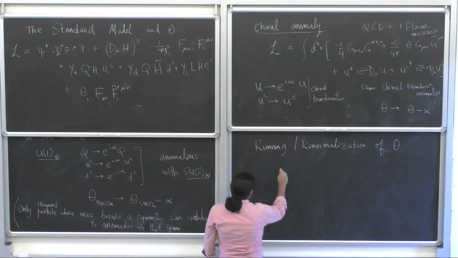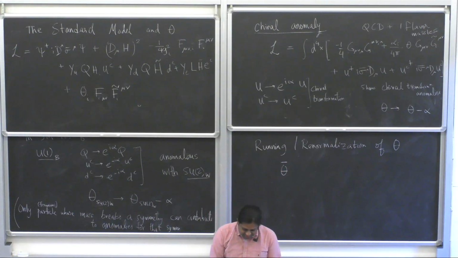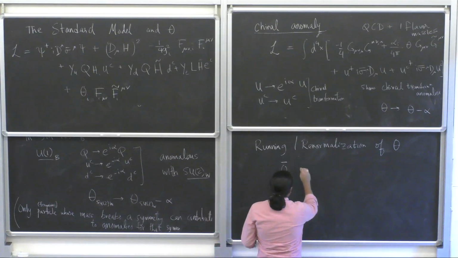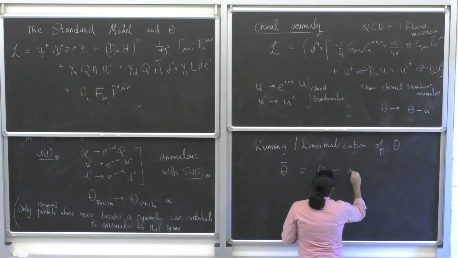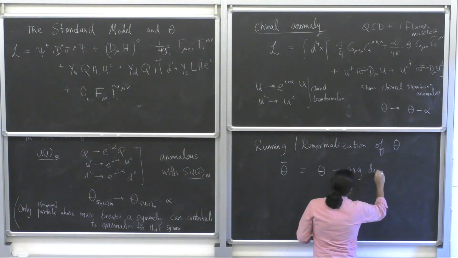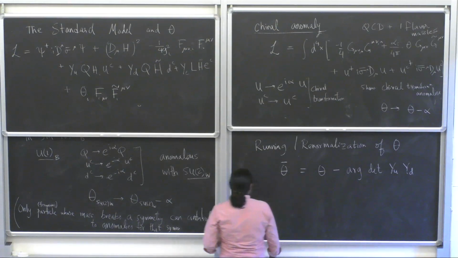So the actual physical parameter in our theory is called theta bar, which we wrote in the beginning of the lectures, which is something like theta minus this.